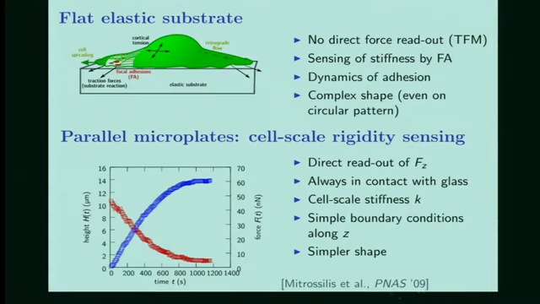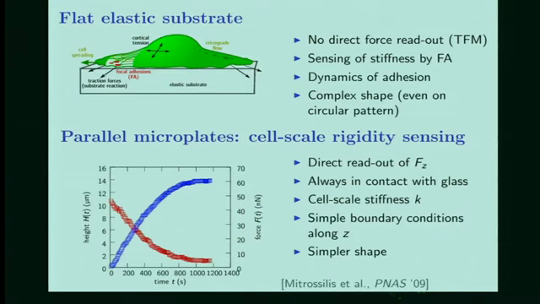So the advantage of that setup, first, there's a direct readout of the force in the vertical direction. You don't need an inverse method to do that, so that's sparing you a lot of effort and uncertainties too. The material with which the cell is in contact is always glass and always coated the same way. There have been issues and questions about, if you change the stiffness of the gel the cell is spreading on, it may change also how it feels.